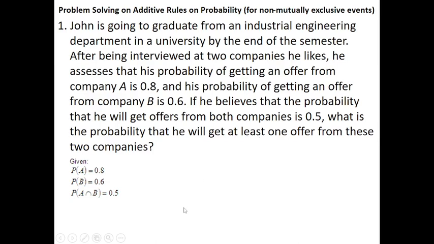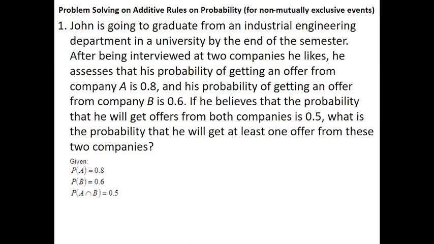Ano ibig sabihin nun? He will get at least one offer from these two companies. So sabihin niya, probability na matatanggap siya sa A or matatanggap siya sa B or pwede rin pareho. Diba? Matatanggap siya pareho, both A and B.